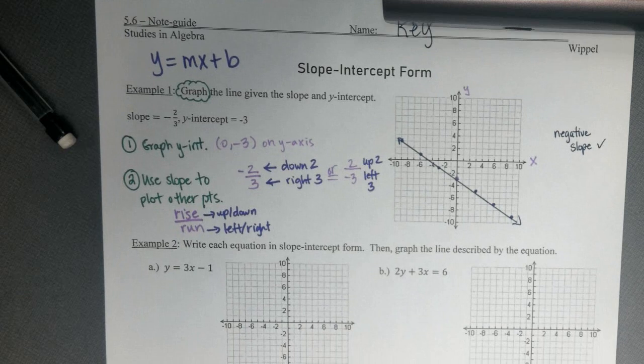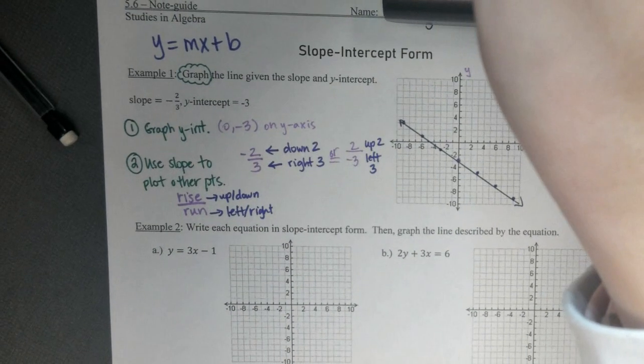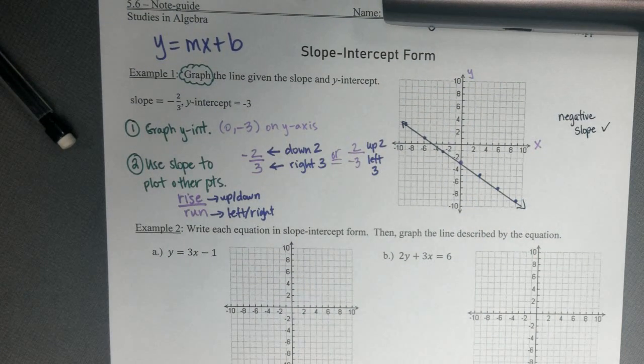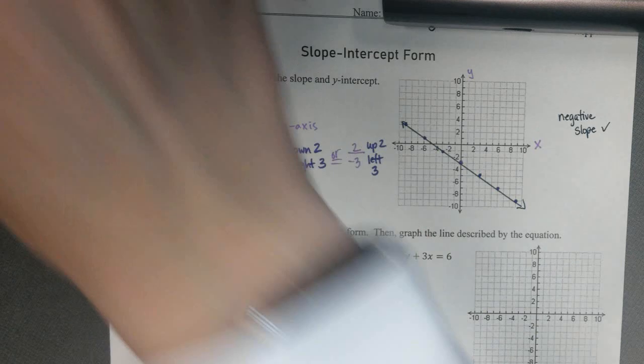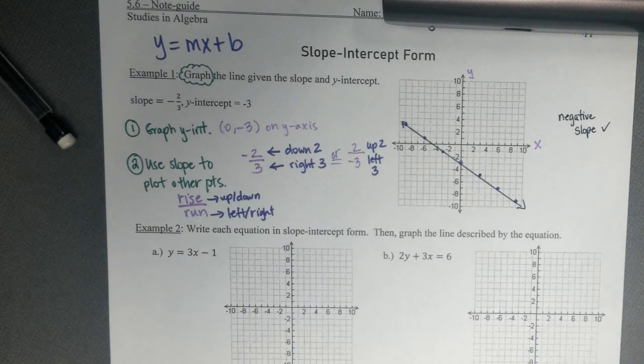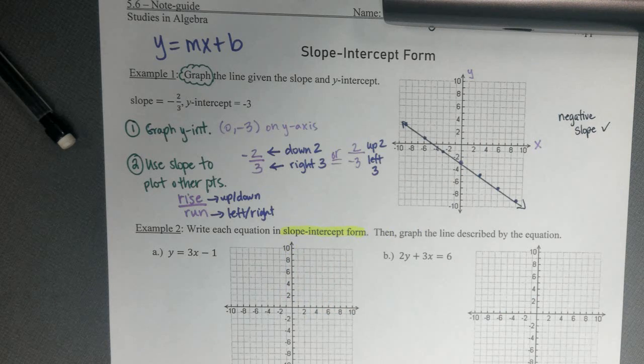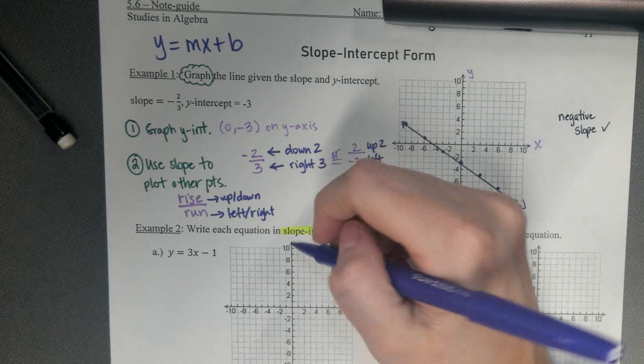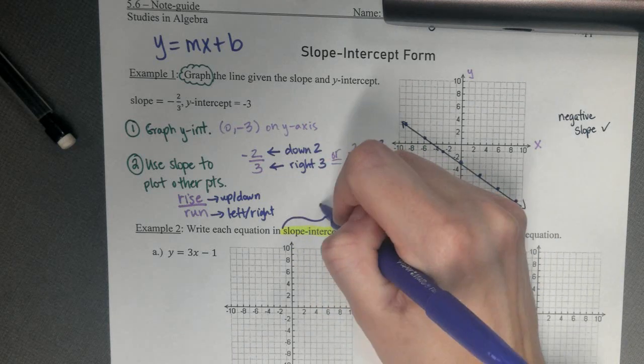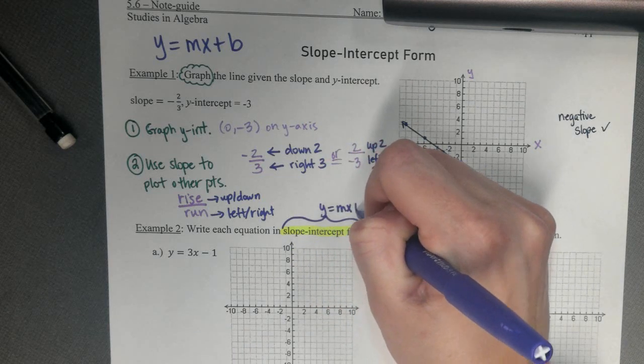So this is going to combine a few things we've already done before. Anytime you see that keyword, slope-intercept form, that means you're going to be writing it in the form y equals mx plus b.